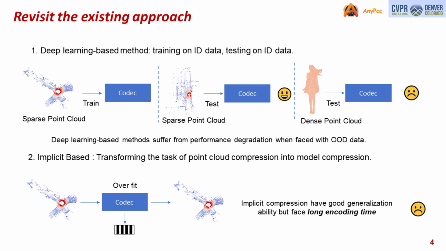Second, implicit-based compression methods transform point cloud compression into model compression. These methods usually have stronger generalization ability, but they often require a long encoding time because they need to overfit a model to each individual point cloud. Therefore, we need a method that is universal, robust, and efficient.